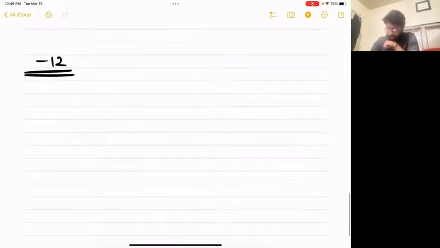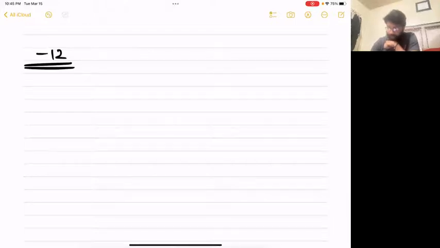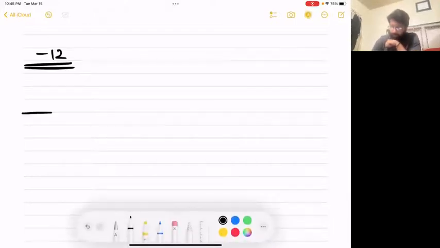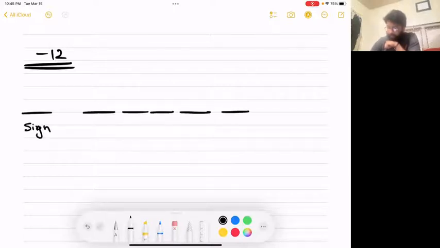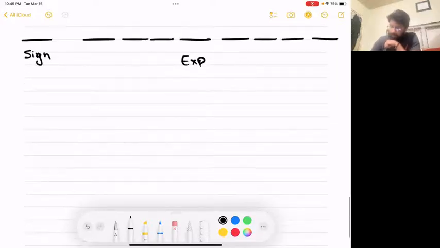All right. So we know the IEEE format says that we have a bit for the sign, 8 bits for the exponent, and then 23 bits for the mantissa.